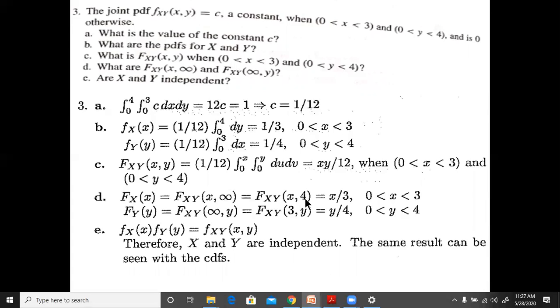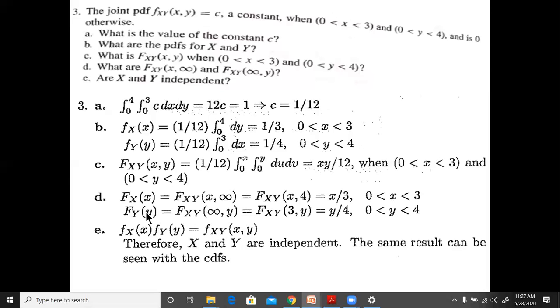Therefore, we substitute 4 for y, and you get x into 4 by 12, that is x by 3. Similarly, F_Y(y) will be equal to F_XY(infinity, y). Again, infinity cannot be considered because x is only between 0 and 3. The upper limit is 3, and substituting 3 for x, you'll get 3y by 12, that is y by 4, within the range 0 less than y less than 4.